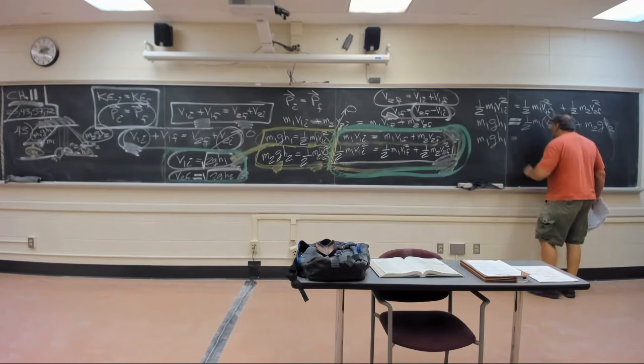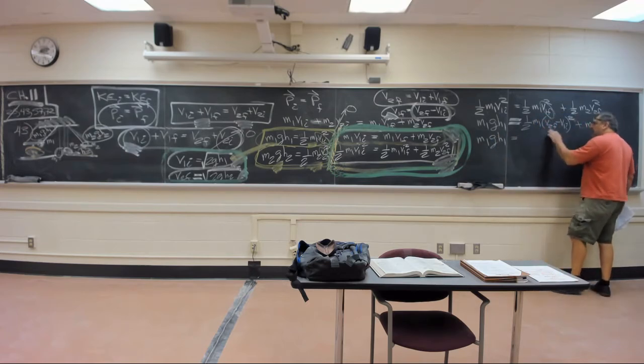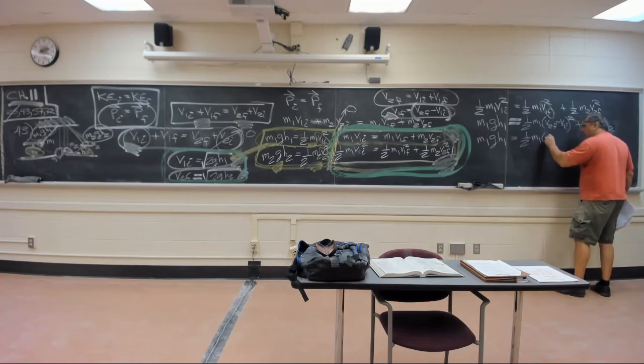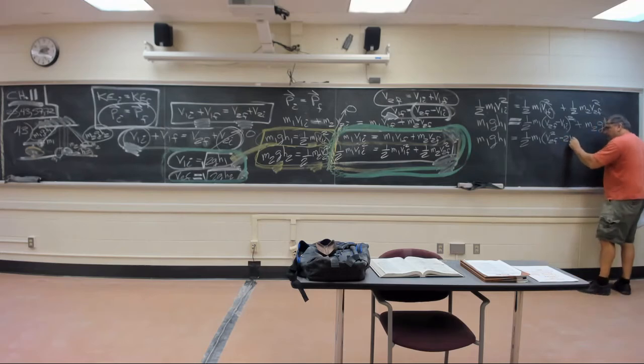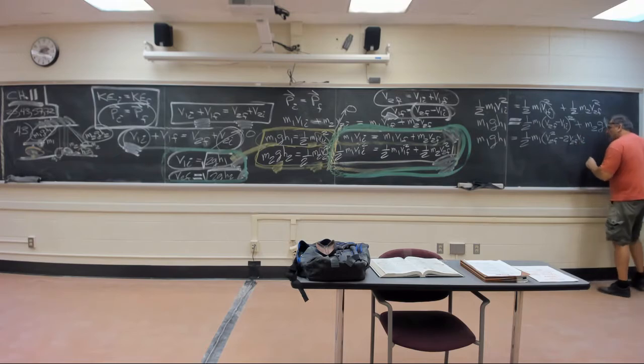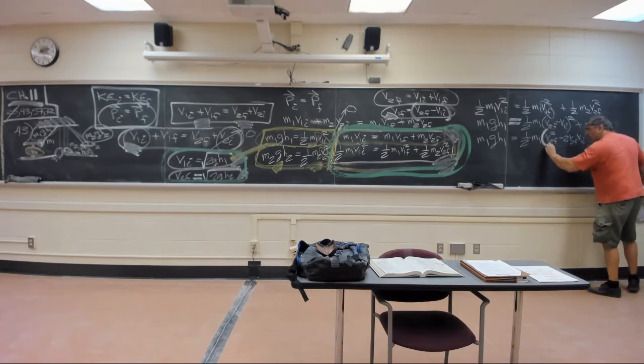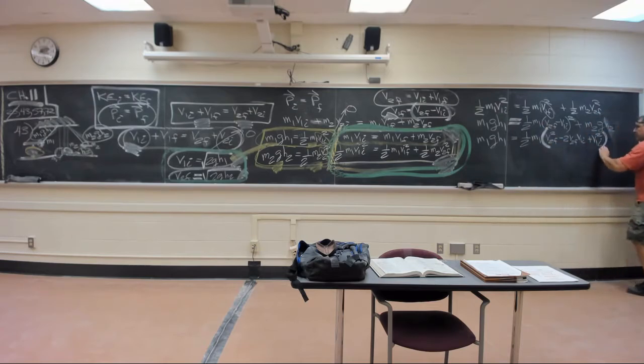M1 GH1 equals, this thing goes, 1/2 M1 V2F squared minus 2 V2F V1I plus V1I squared, plus M2 GH2.